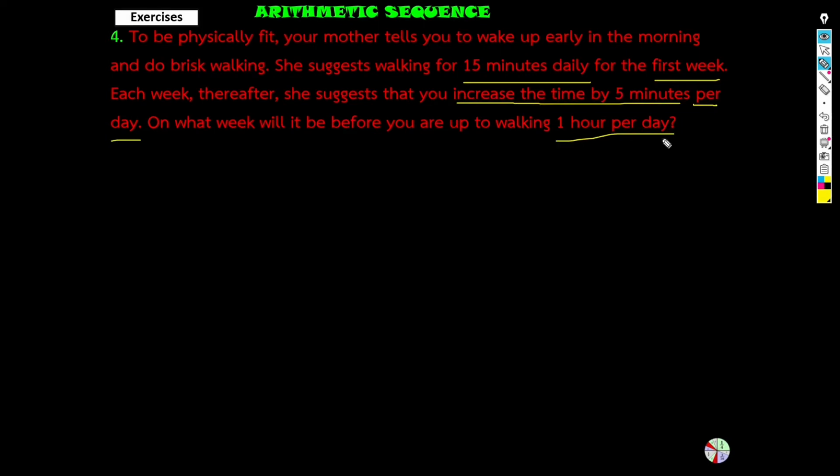Okay, so for the first week, 15 minutes daily. Now, each week thereafter, she suggests that you increase the time by 5 minutes per day. On what week will it be before you are up to walking 1 hour per day? Okay, so here we have in the first week, we have 7 days, right?